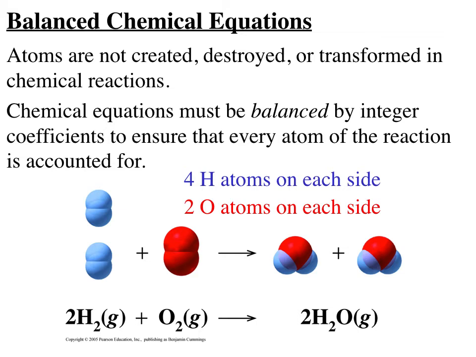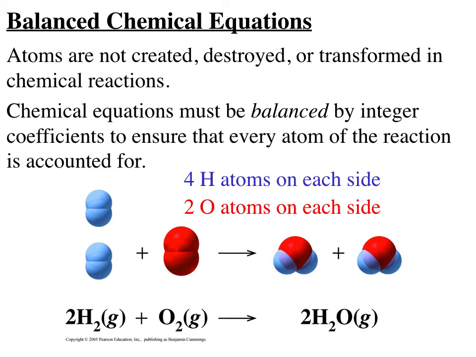Now I could, again on the left, just change my H2 to H4. If I said H4 plus O2 makes 2H2O, that would be a balanced equation, but the reactant that I'm using is not H4. The reactant I'm using is H2.